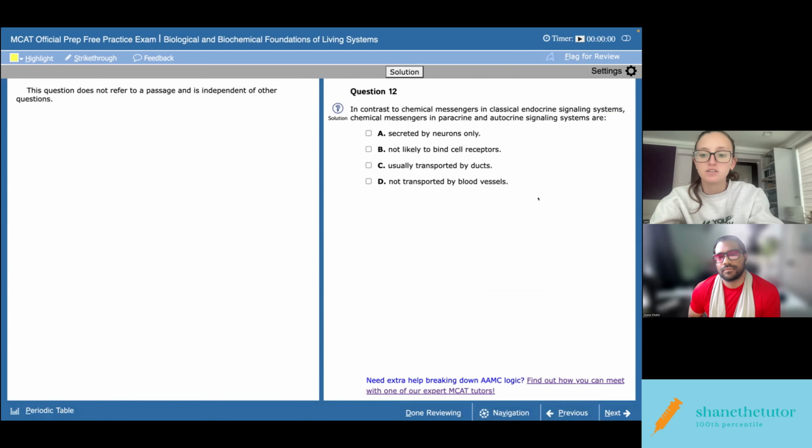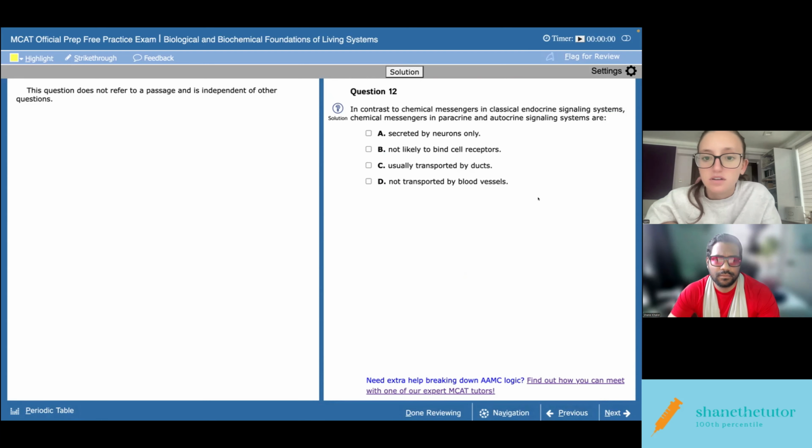In contrast to messengers in classical endocrine signaling systems, chemical messengers in paracrine and autocrine signaling systems are... So it's saying basically what quality of chemical messengers in endocrine versus paracrine and autocrine.